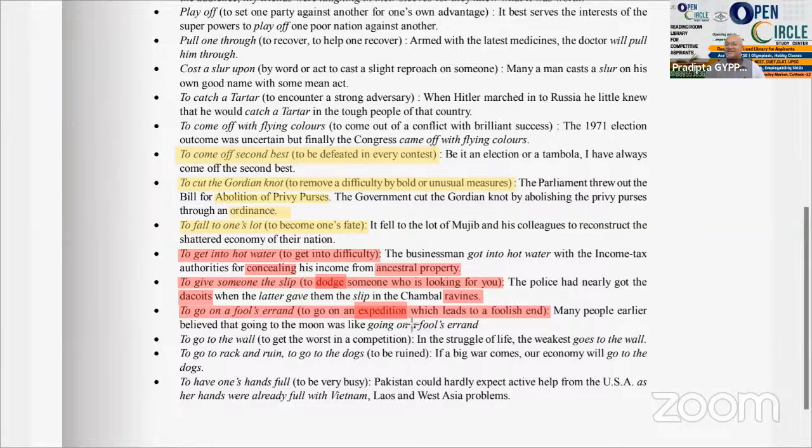Now you all will go on a fool's errand. He is a fool. You're a bigger fool, because he takes you nowhere and then you land up at a difficult place where you are not able to come up. So to go after a foolish person for not getting anything. मूर्खों के पीछे भागना उसे कहते हैं to go on a fool's errand. Errand means walking without any destination, without any goal.